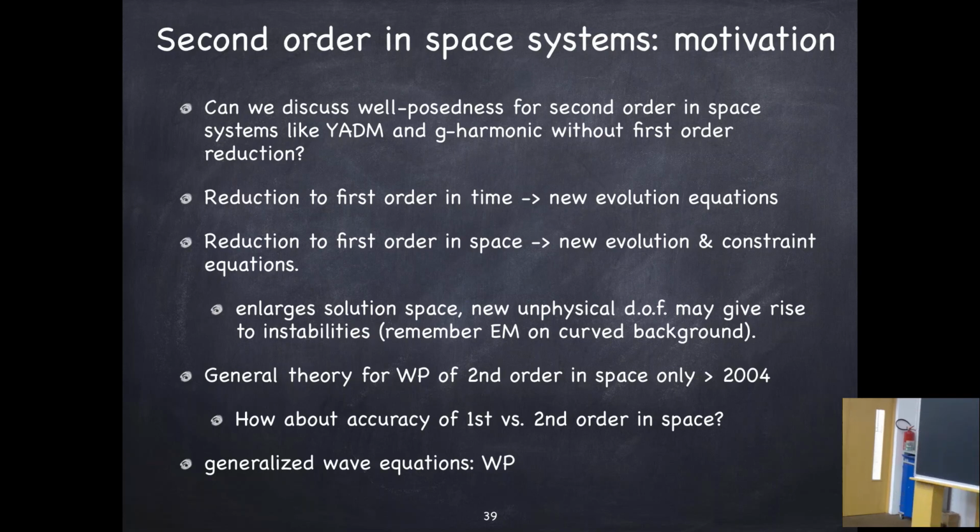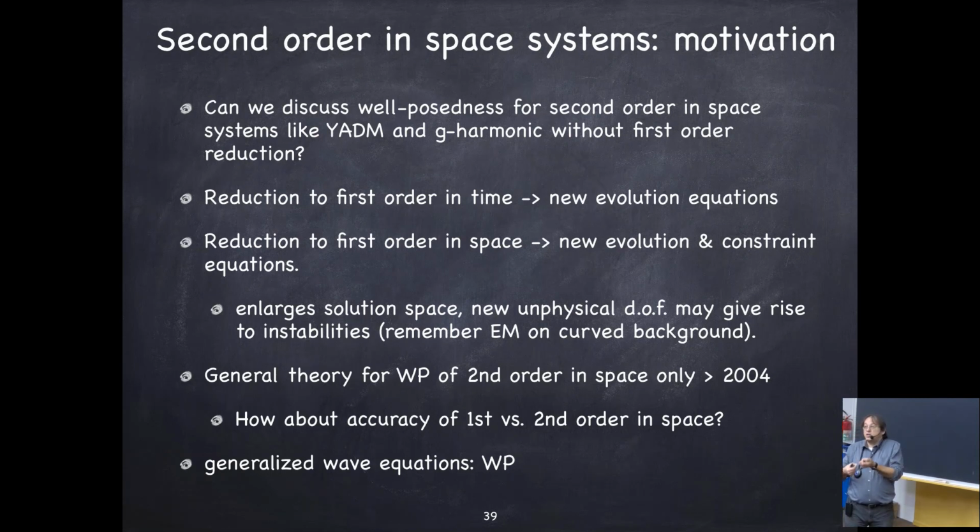Let's just proceed. This is the motivation. No, I want to say something very specific about this, because it was quite confusing for people. If you reduce something to first order in time, or first order in space, it looks kind of the same thing, but it's not. If you reduce to first order in time, you get new evolution equations, and that's completely fine.